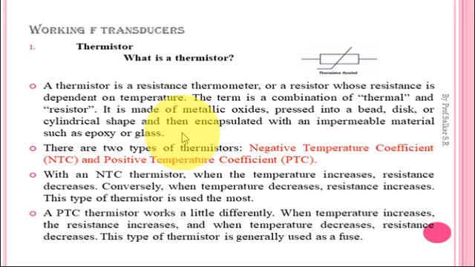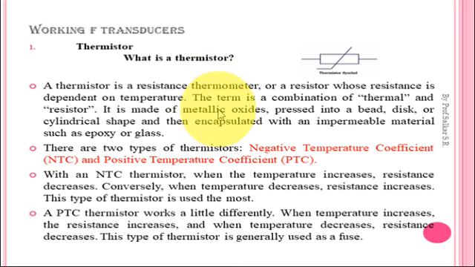As here the resistance changes due to the change in temperature, it is a type of resistance transducer, which is again a type of passive transducer. We know a passive transducer requires an external power supply for conversion of one form of energy into another. In this thermistor, as the temperature goes on changing, the resistance will change.